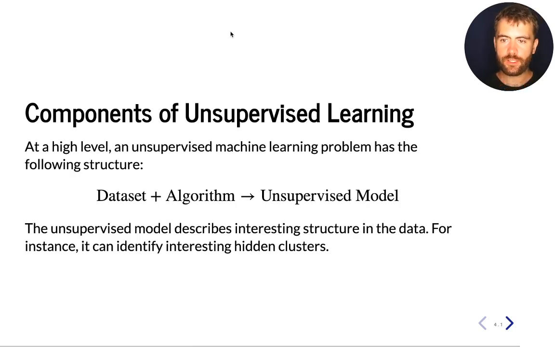And then we apply an unsupervised learning algorithm to this data set to obtain a model, which I'm going to call an unsupervised model to distinguish it from the kinds of predictive models that we have seen earlier in supervised learning. But again, it is a model that describes and that reveals something interesting about the structure of the data. And we are going to see many examples of such models in this course and in this lecture as well.